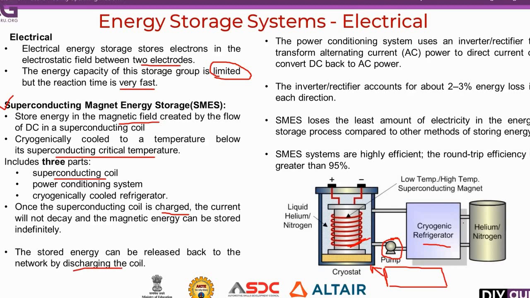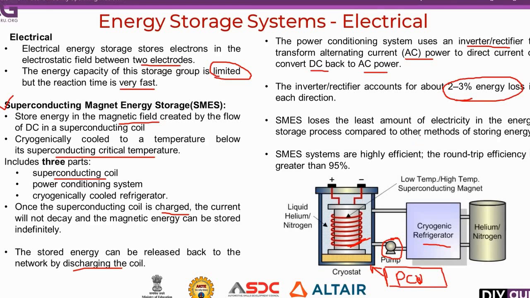Actually, this power conditioning unit, we have a PCU here attached to this device. This power conditioning system uses inverters and rectifiers to transform alternating current to direct current and again back to alternating current. The energy loss of this power conditioning unit will be around 2 to 3% of the total energy, which is going to be very negligible.